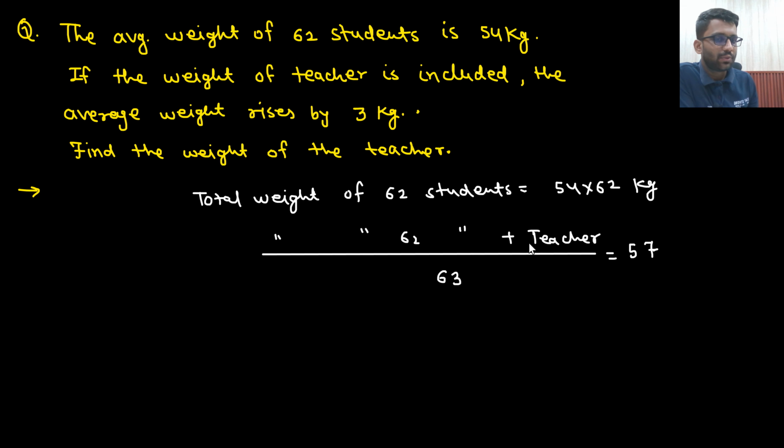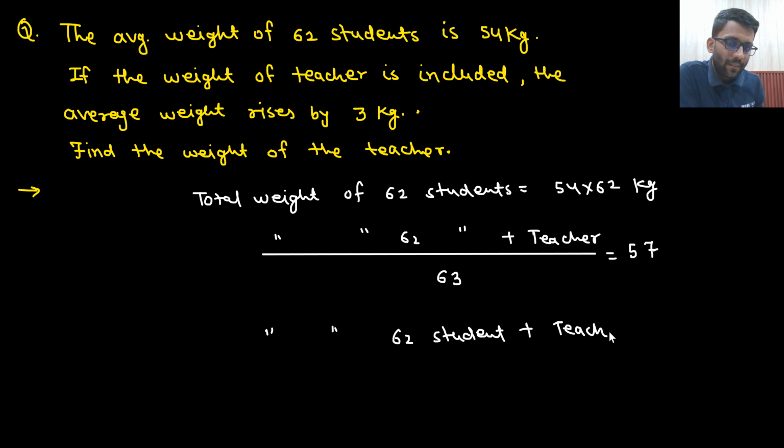Here 63 will come, not 62. Why 63? Because 62 students plus the teacher. So what is the equation now? Total weight of 62 students plus teacher is 57 into 63. Now what they are asking: find the weight of the teacher. So teacher's weight you need to find.